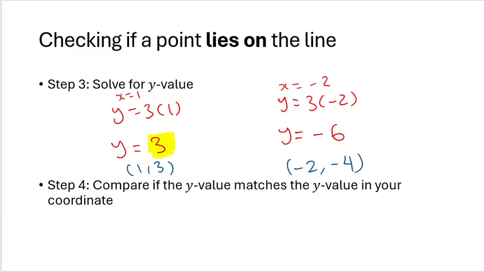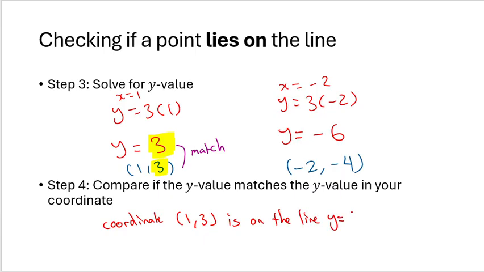So look at this number that I solved for, and you compare it to the coordinate. Because they match, that means the coordinate 1, 3 is on the line y equals 3x. So that's cool.